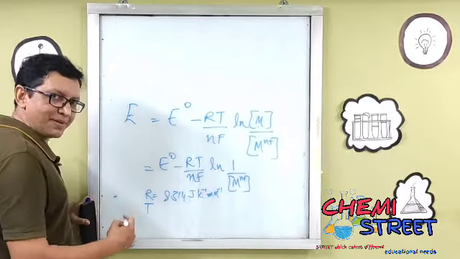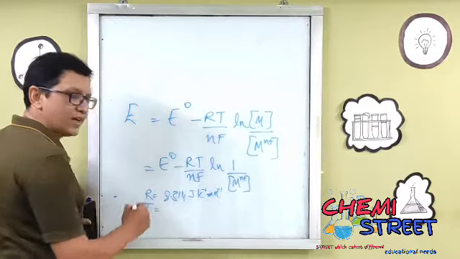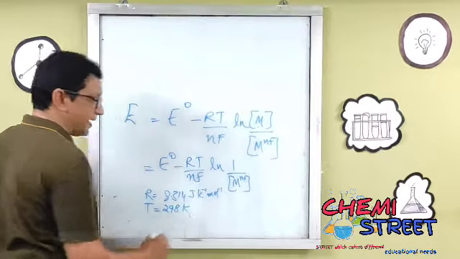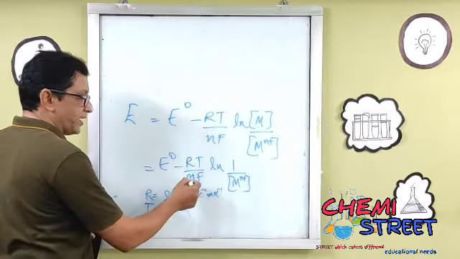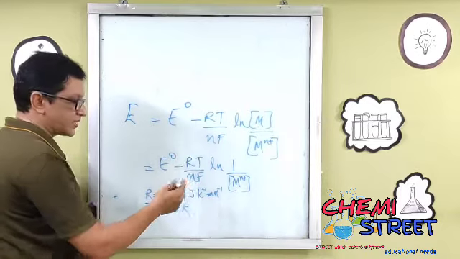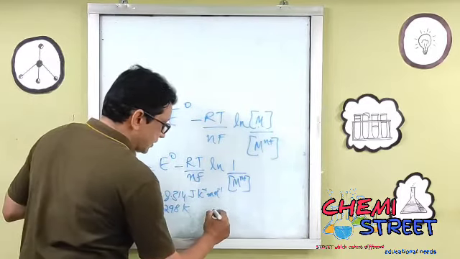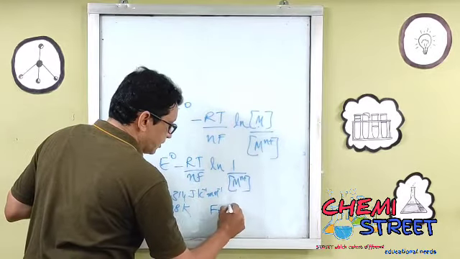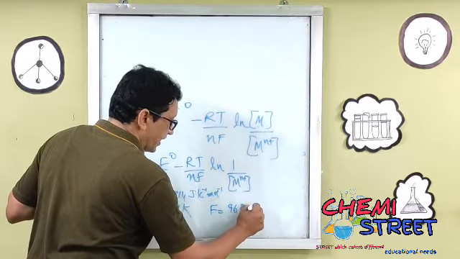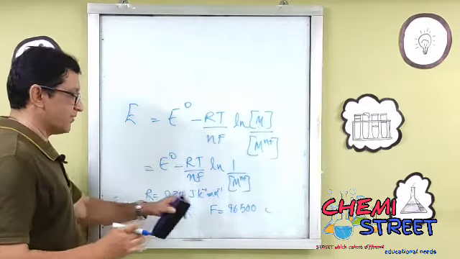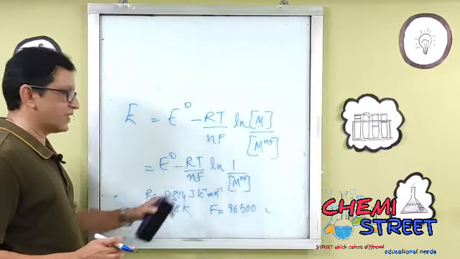T is the temperature, 298 K. n is the number of electrons transferred. F, what is F? F is the Faraday. Faraday is equal to 96,500 coulombs. Okay, so shall we substitute these values in this equation and see what is going to happen.